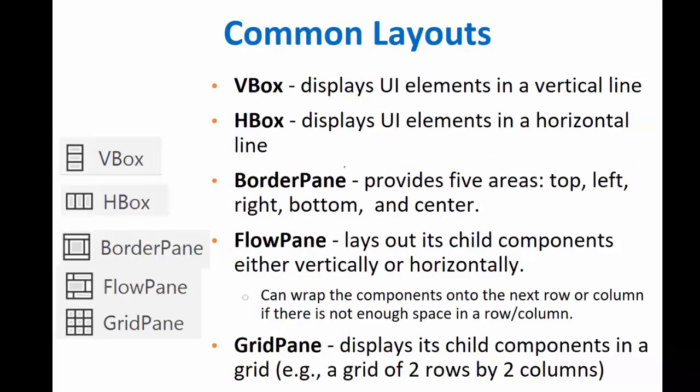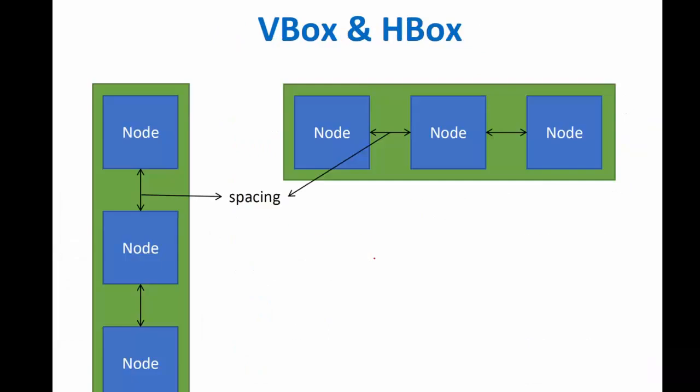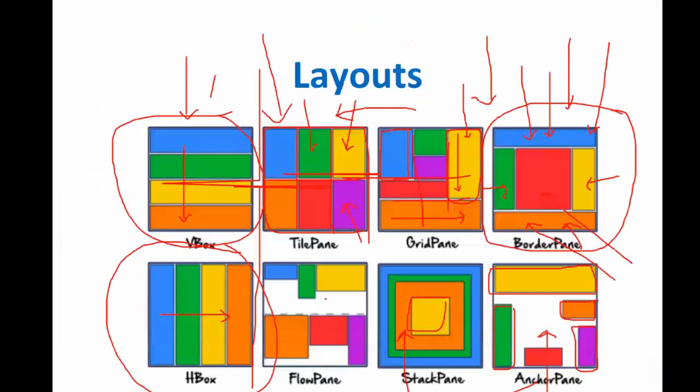VBox now, you know, one vertical line. Horizontal box, one horizontal line. Border pane. We haven't talked about flow pane. Flow pane is not like a horizontal or vertical line.